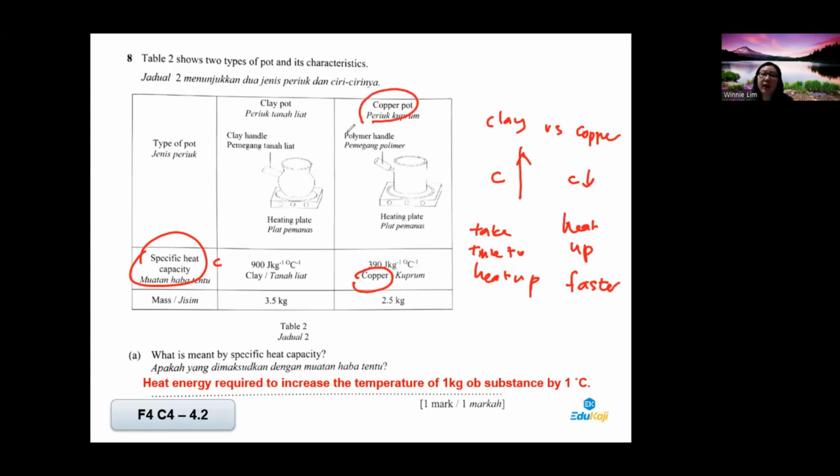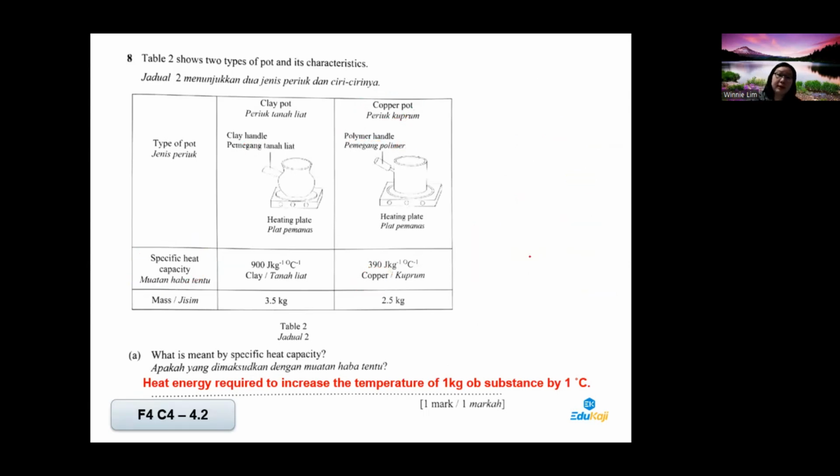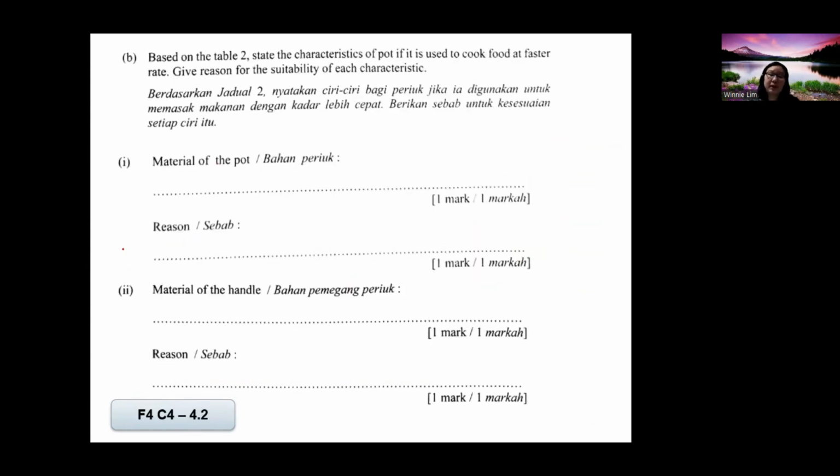Then in terms of the handle, polymer and clay are both insulators, but polymer has an even higher specific heat capacity, so it is better. The better one is polymer over clay. Okay, material of pot: copper, better heat conductor, or you can say small specific heat capacity.